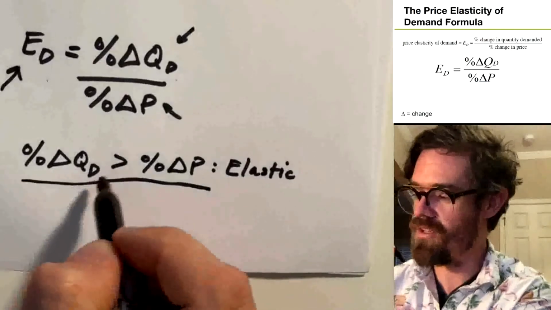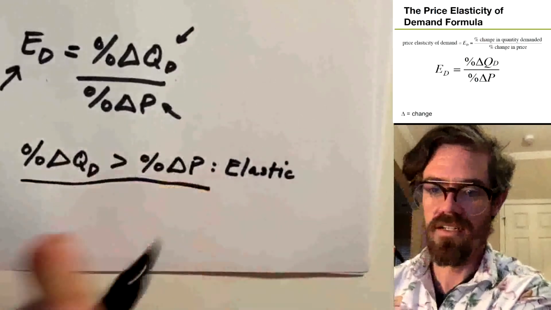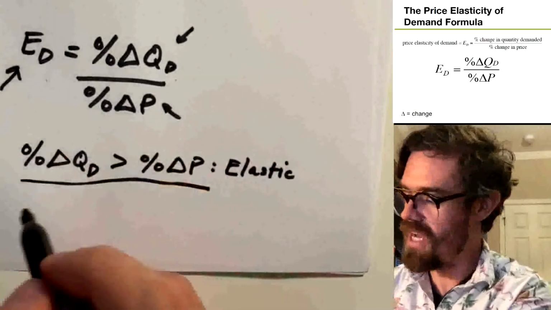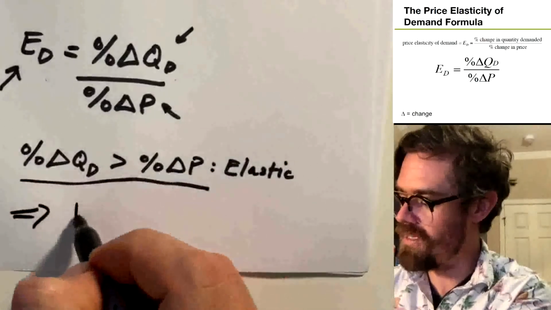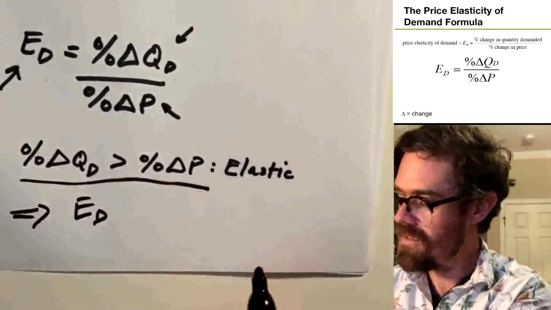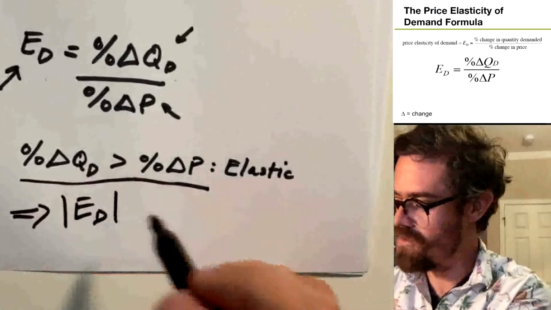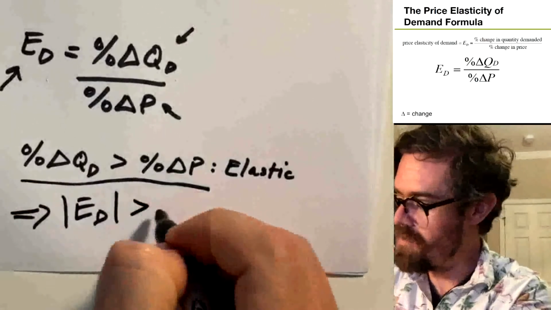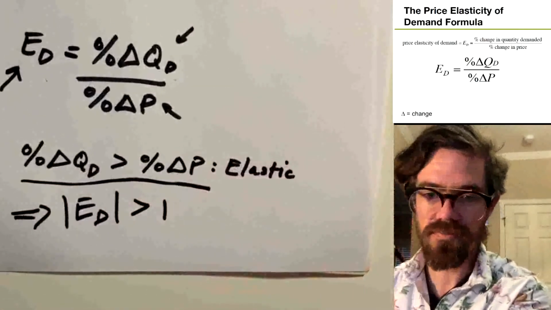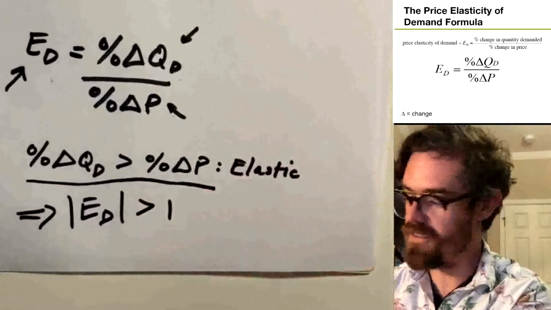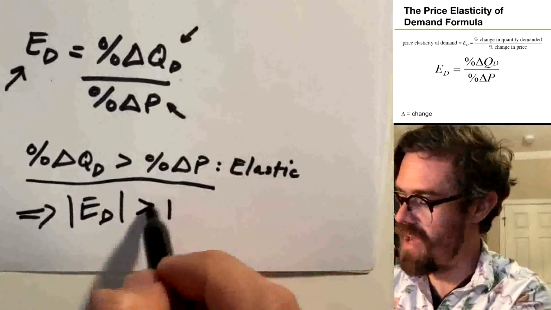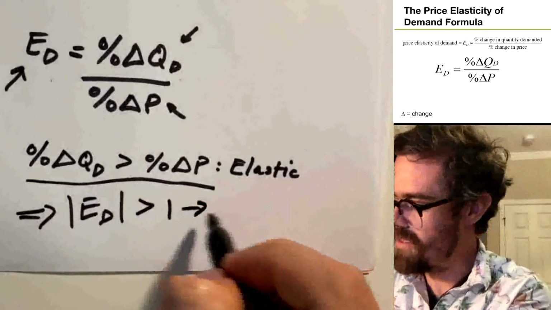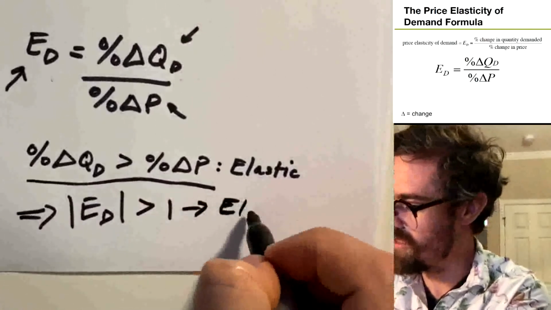If the top is bigger than the bottom, that basically means that ED, in absolute value, ignoring the negative sign, is going to be bigger than 1, right?